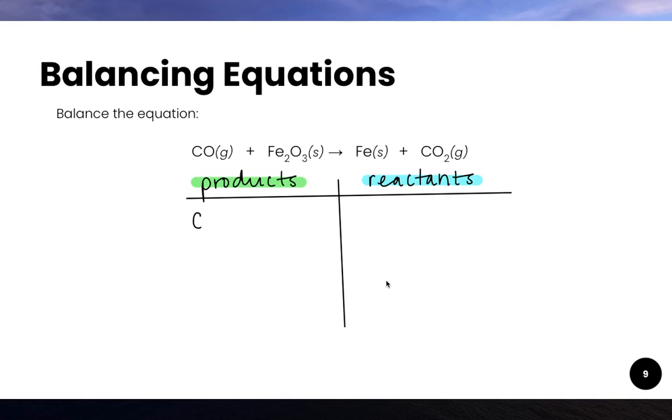In this reaction, we have carbon, oxygen, and iron. On one side, 1 carbon, and the products have 4 oxygens and 2 iron. 1 carbon, 2 oxygens, and 1 iron.